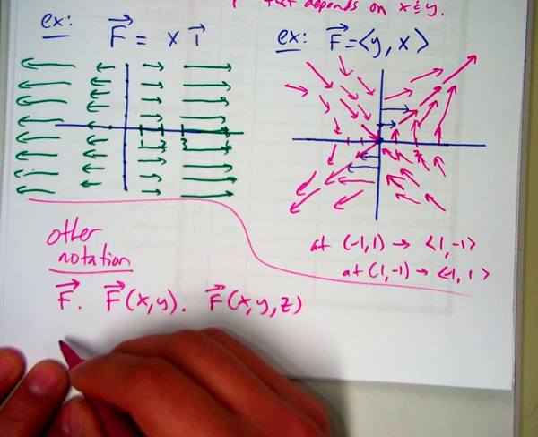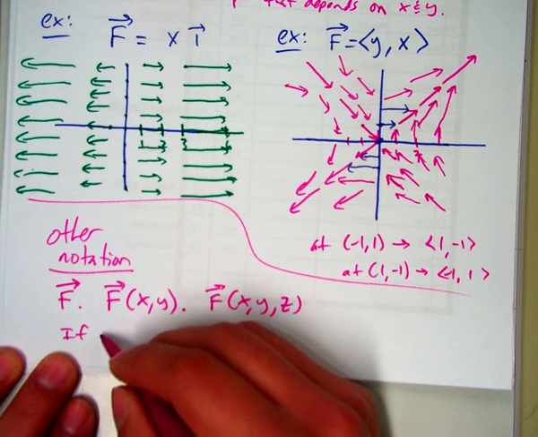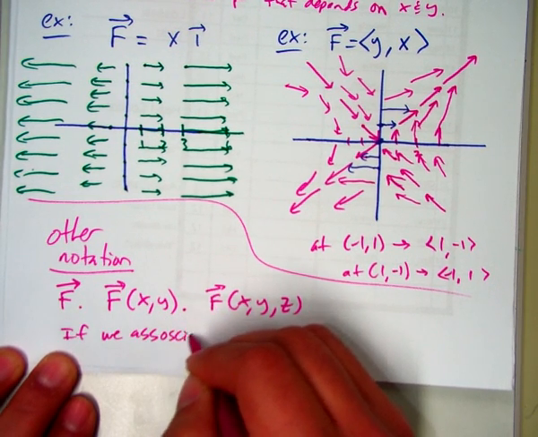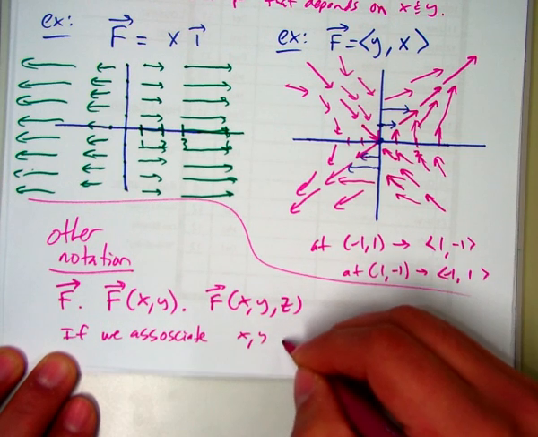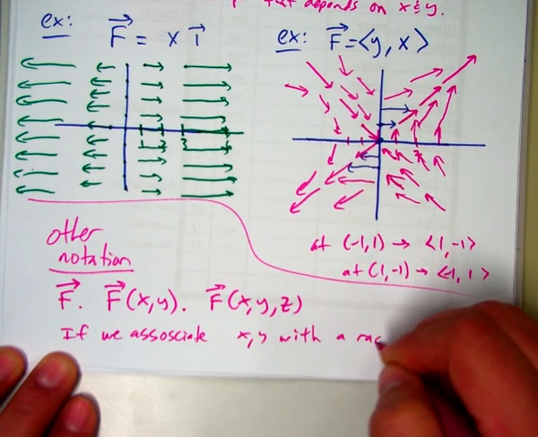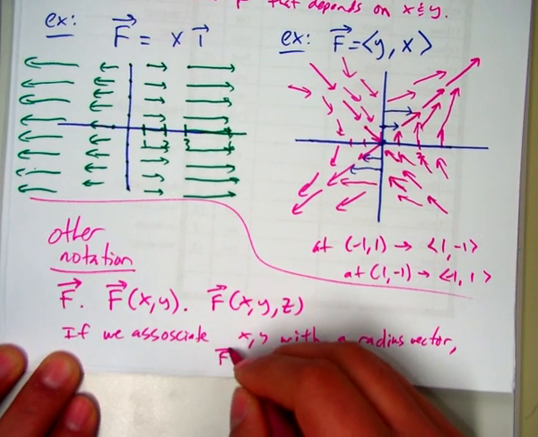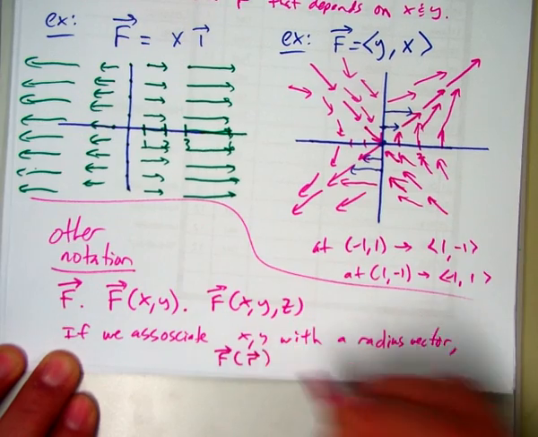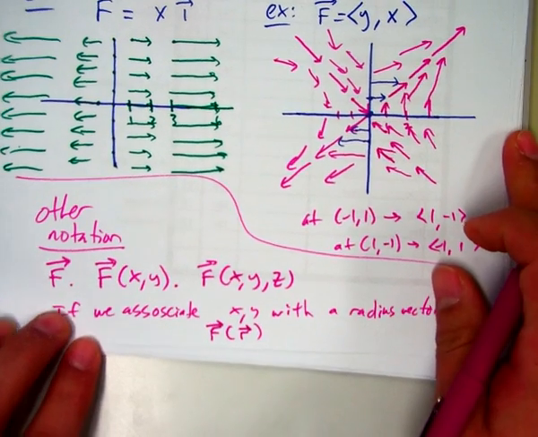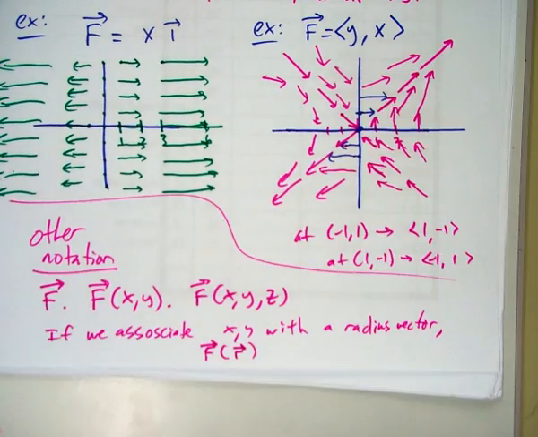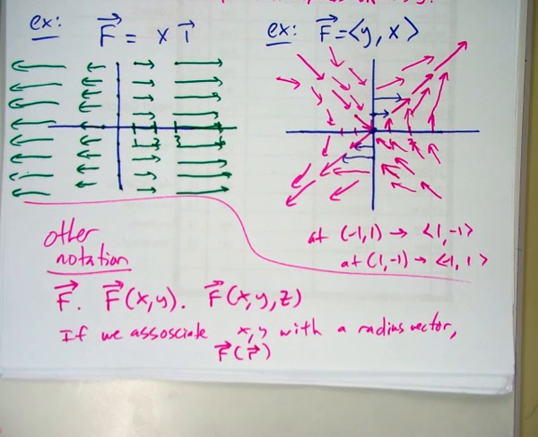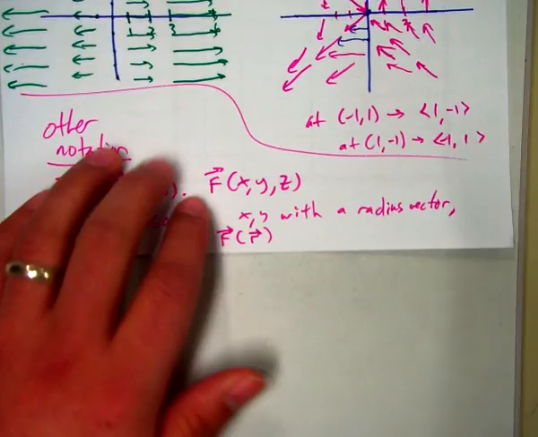And if we associate x and y with the radius vector, then we could also write it as F of r. So that would be all the possible ways to denote a vector field. Okay, first objective's done.